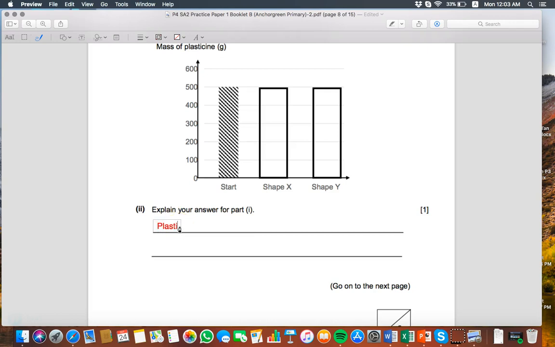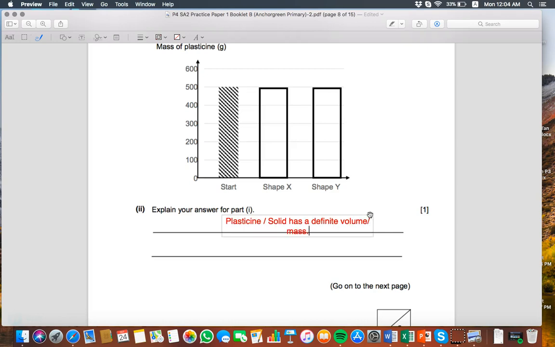So plasticine, or you can say solid, has a definite volume, or mass.